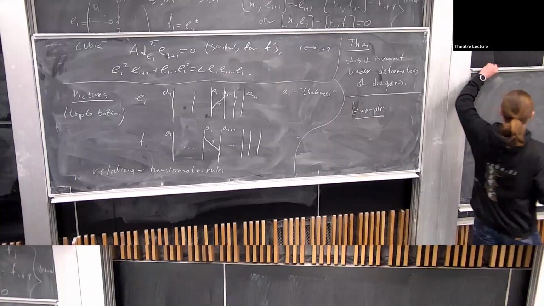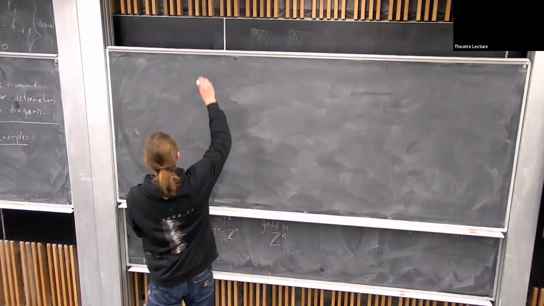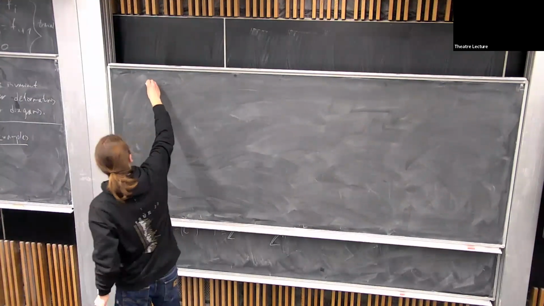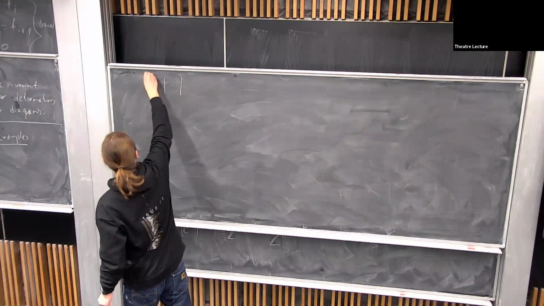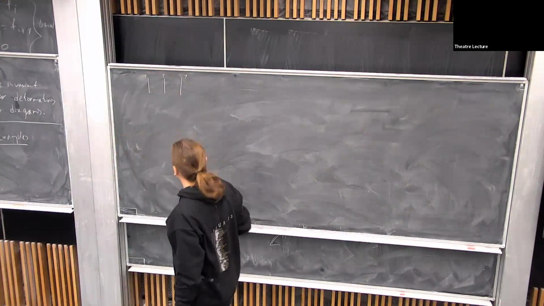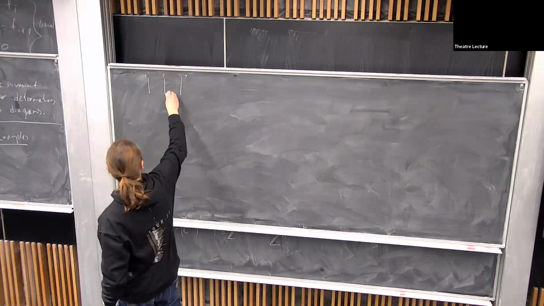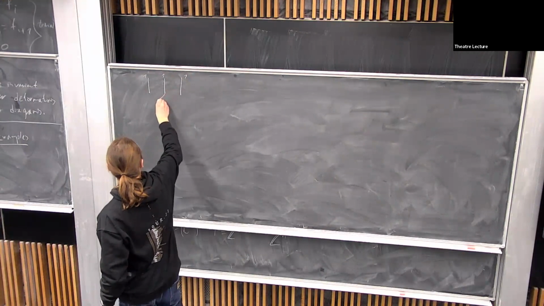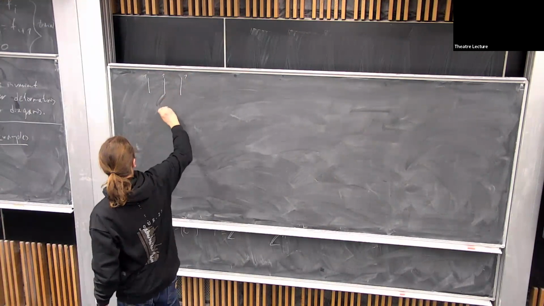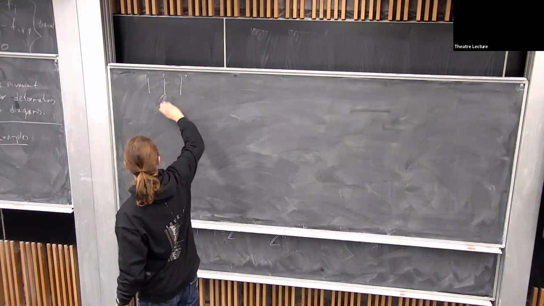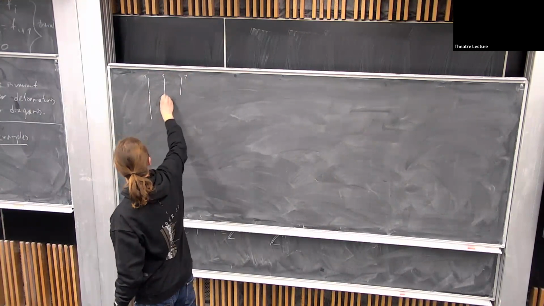What do I mean by deformation of diagrams? Imagine you have, for instance, these three lines, with thicknesses 1, 1, 1. One thing you can do is first merge this one to here.